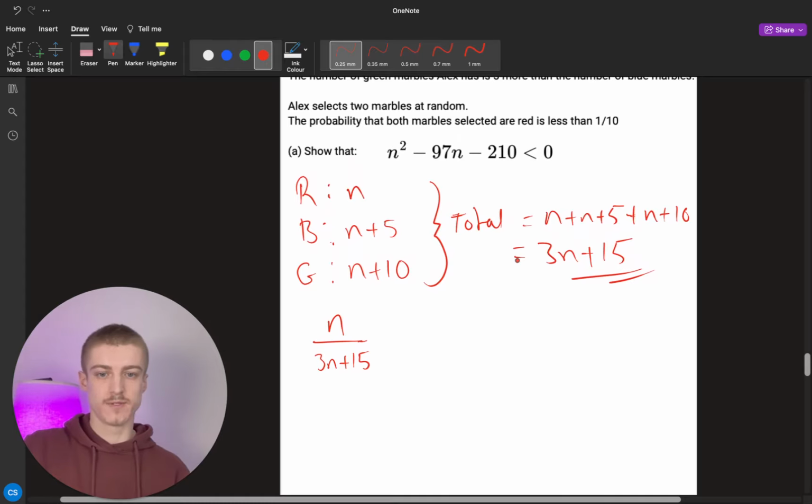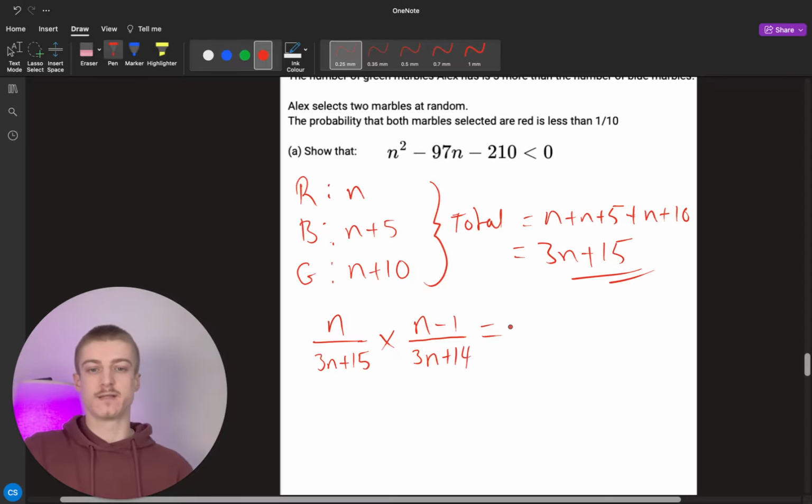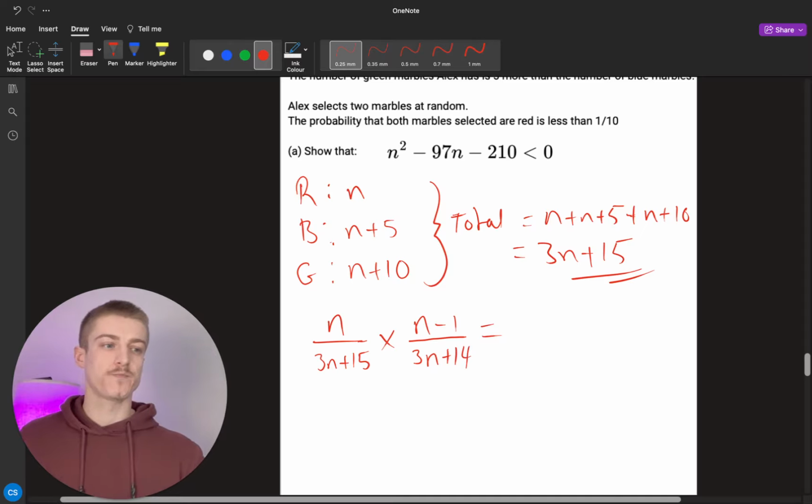That is 9n squared plus 45n plus 42n plus 210 with n squared minus n on the top. And that is 9n squared plus 87n plus 210 with n squared minus n on the top.